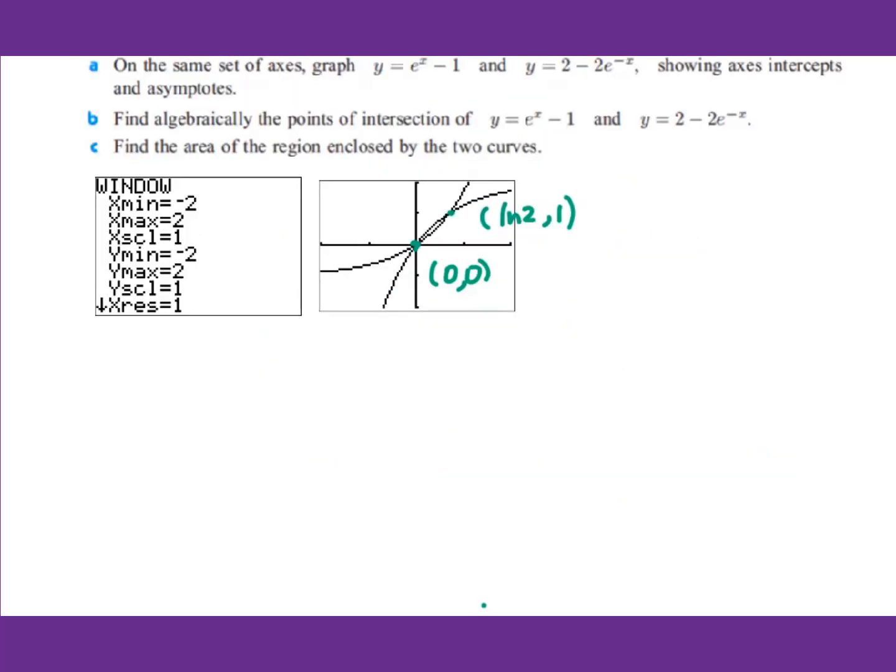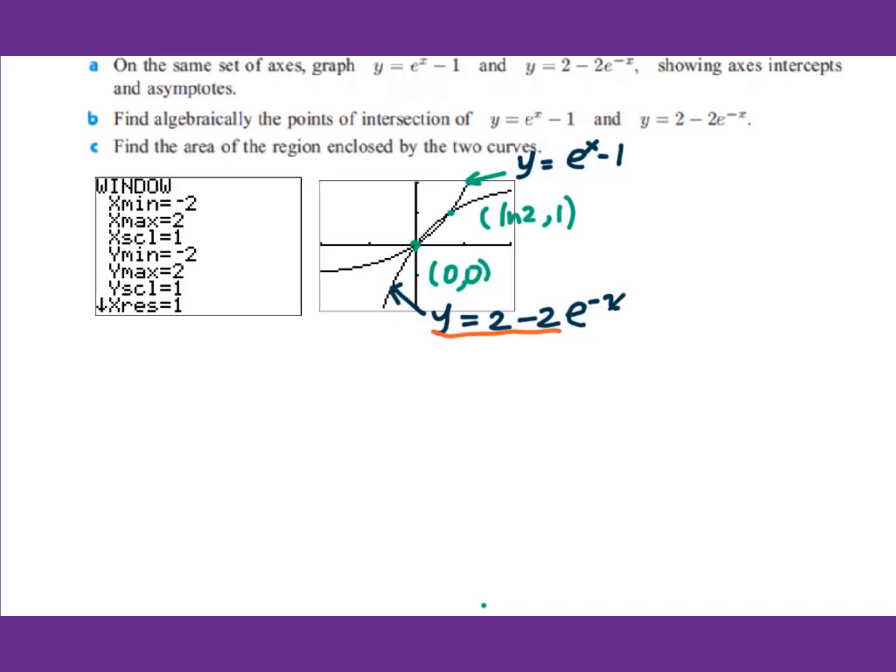Let's go to C. Find the area of the region enclosed by the two curves. We know the intersection will be (0, 0) and (natural log of 2, 1). And this graph is y equals e to the x power minus 1. This graph is y equals 2 minus 2e to the negative x power.